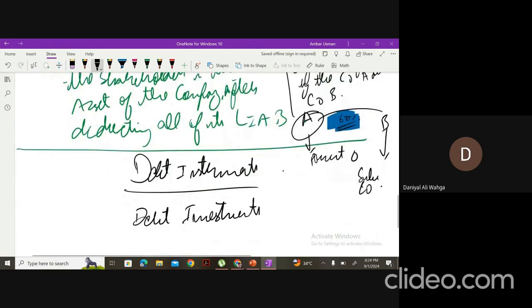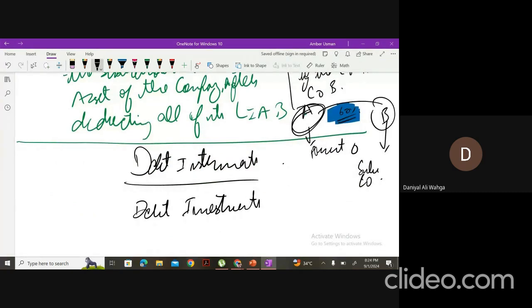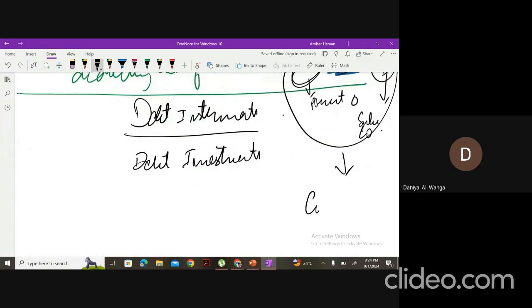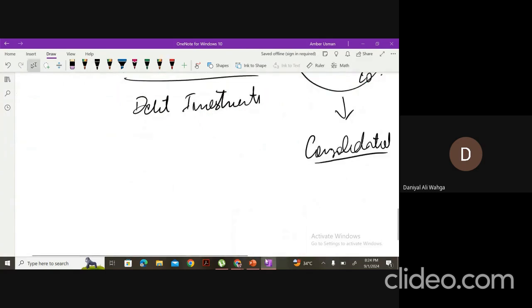And here, the individual financial statements of company A and company B will be consolidated, right, sir? Once they are consolidated, we will create another problem. If the consolidation is being done, IFRS 10 will be used, International Financial Reporting Standards, IFRS 10.